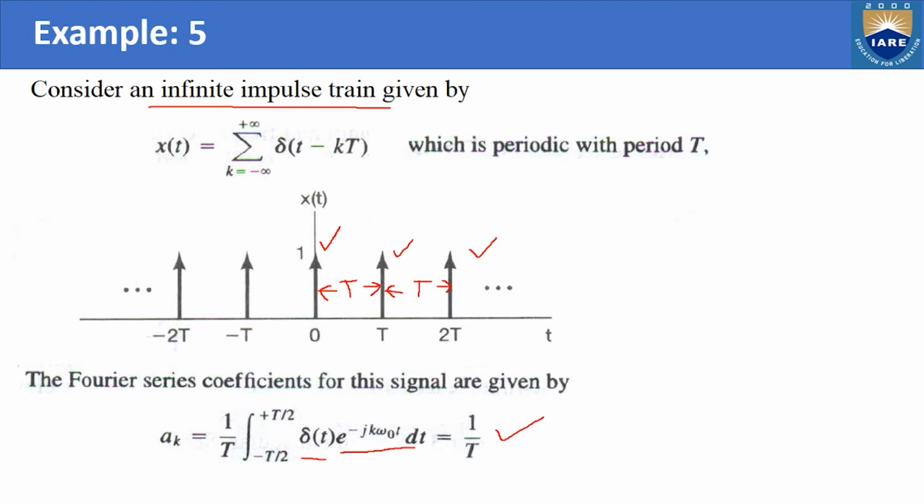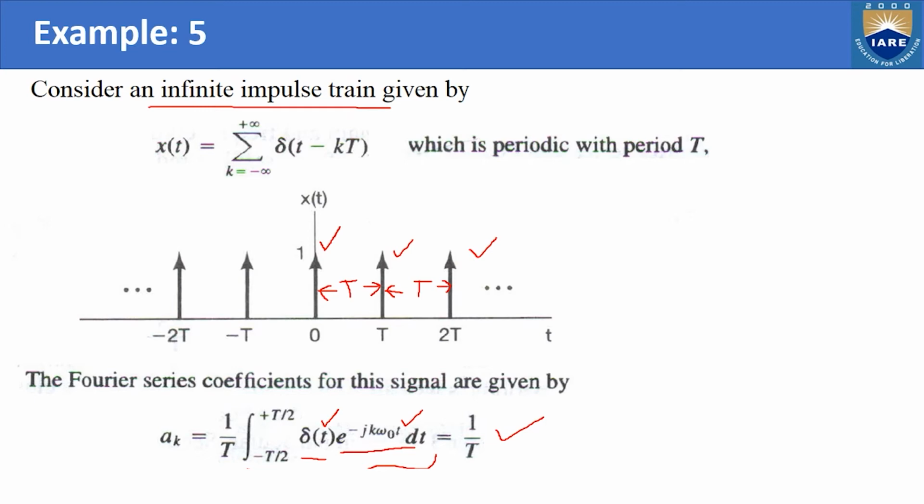So here at t equal to 0, you will get 1 and 1. The area of this delta function is equal to unity.